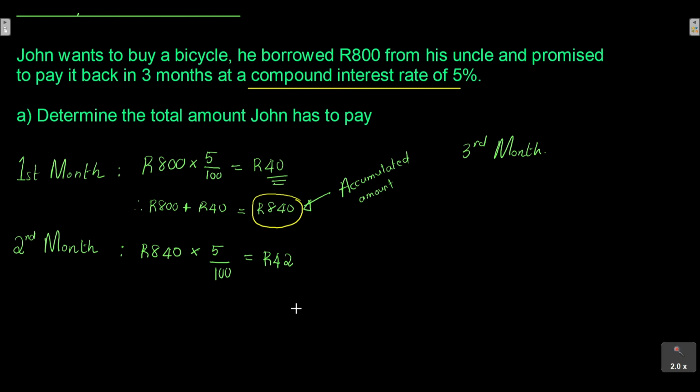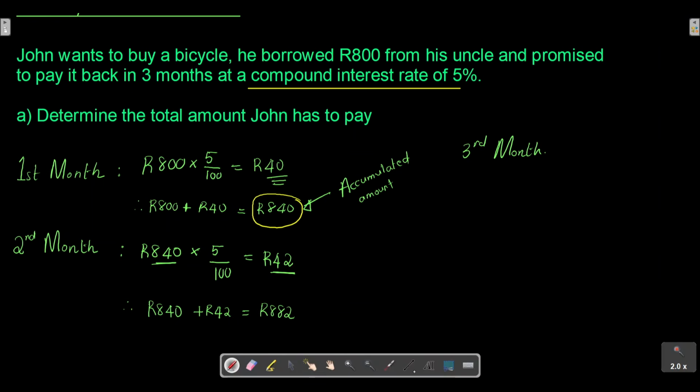So now that means that if he had to pay his uncle back in the second month, he would pay back that 840 rand plus this 42 rand, which is a total of 882. So in the second month, the amount that he would now owe his uncle is 882 rand.